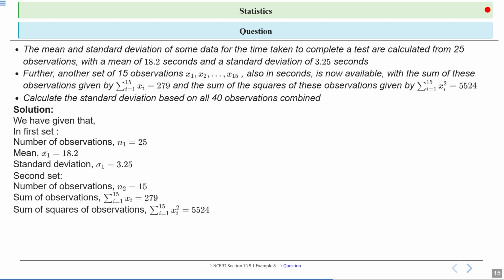In second set, number of observations n2 is 15, sum of observations summation i equal to 1 to 15, xi is 279, and sum of squares of observations summation i equal to 1 to 15, xi square is equal to 5524.